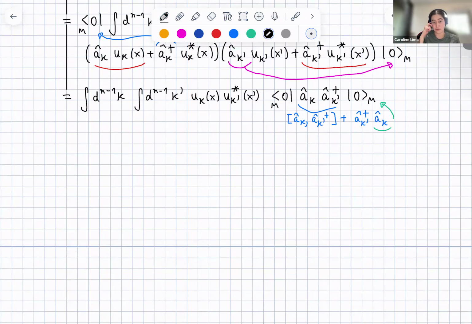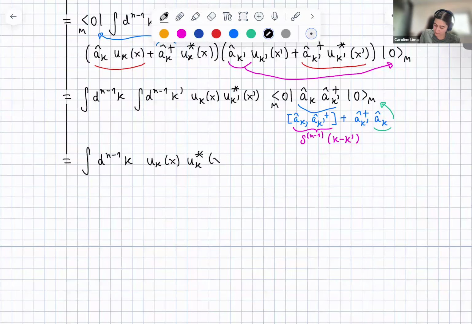So the only contribution is going to be from this commutator, which is just delta^(n-1) of k minus k prime. So if I integrate over k prime, I'll get just the d^(n-1)k times u_k of x times u_k star of x prime.